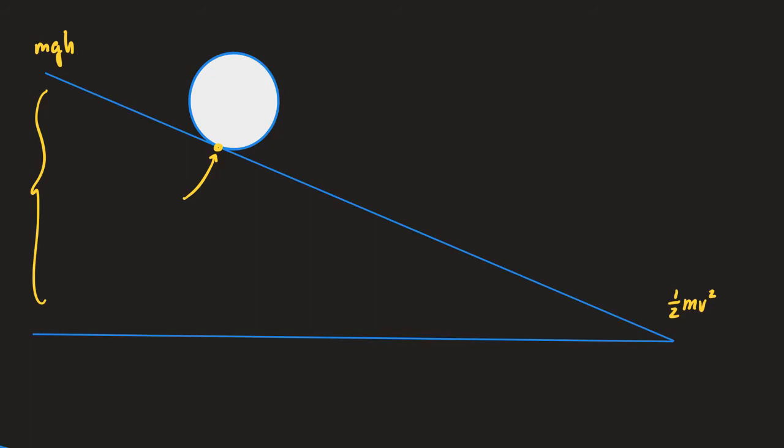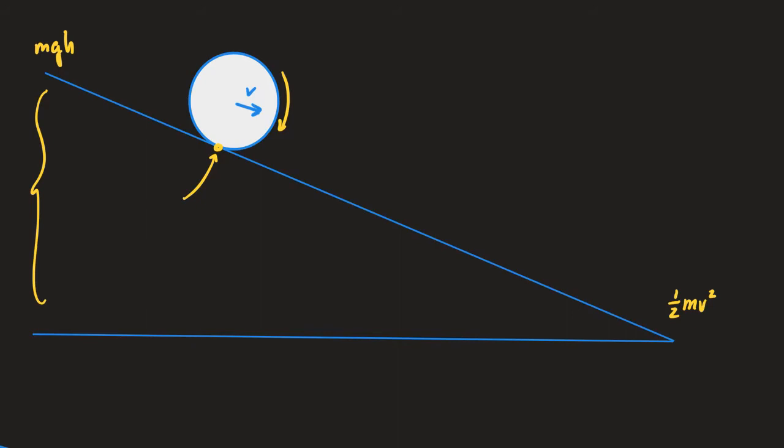If the ball rolls, when it makes it to the bottom, it will have two kinds of kinetic energy. It'll have 1/2 mv squared because the middle of the ball is moving. Right? When it makes it down there, it's going to clearly have a velocity in that direction.